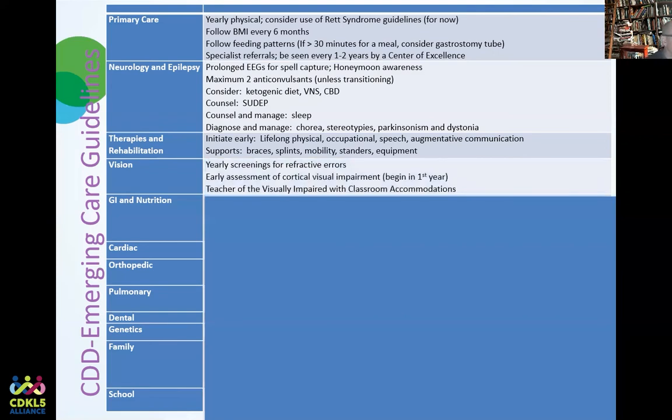For vision, yearly screenings for refractive errors, and I think early assessments of cortical visual impairment should begin within the first year of life. One of the things that I recommend is that these should be evaluated by an ophthalmologist. This ophthalmologist should be familiar with cortical vision impairment. Those that aren't familiar aren't likely to make the diagnosis or the referral.